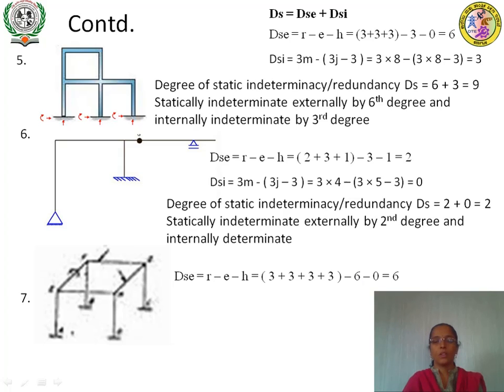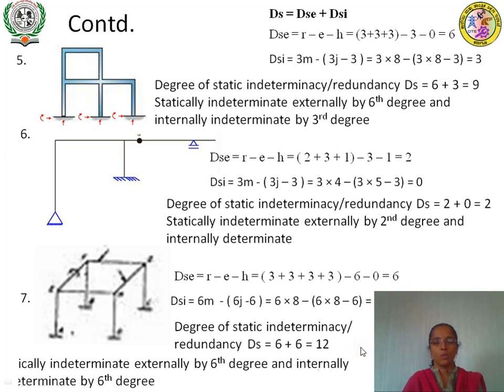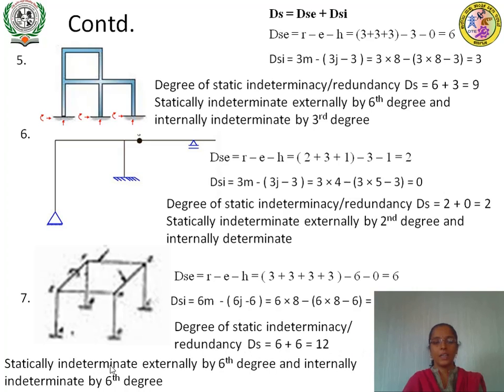So the external indeterminacy is 6, and internal indeterminacy is 6m minus 6j minus 6, that is 6 into 8 minus 6 into 8 minus 6. 8 members are there, 8 joints are there, so again it's 6. So therefore the static indeterminacy is 12. So we can write it is externally indeterminate by 6th degree, and externally and internally it is indeterminate by 6th degree.